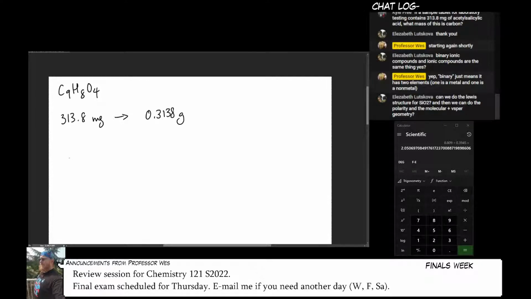So I know that in this many grams of C9H8O4, I can turn that into moles. So if I have grams of acetylsalicylic acid here, we're going to turn this in grams into moles.